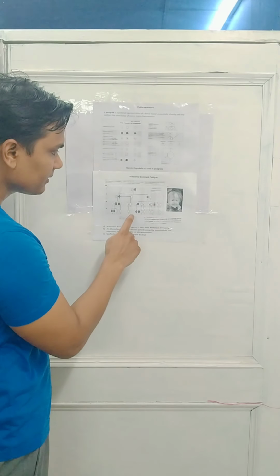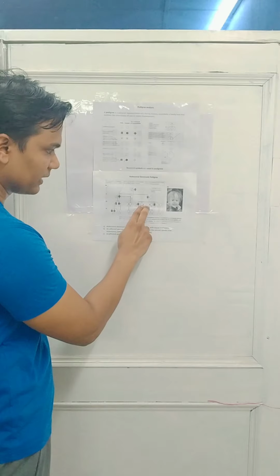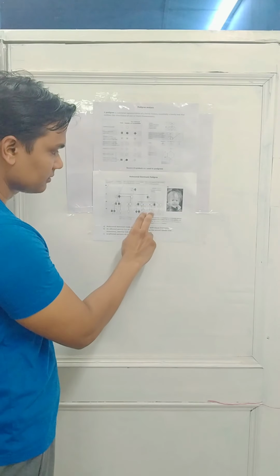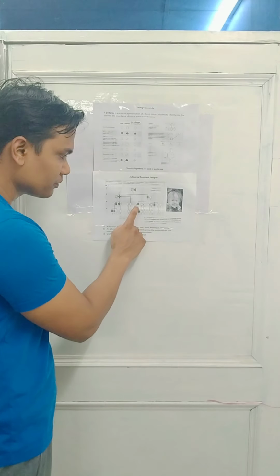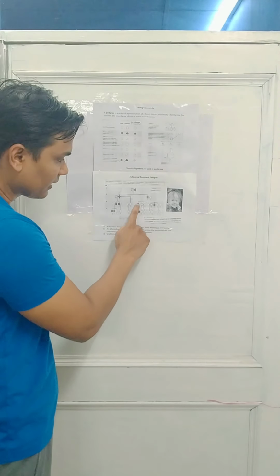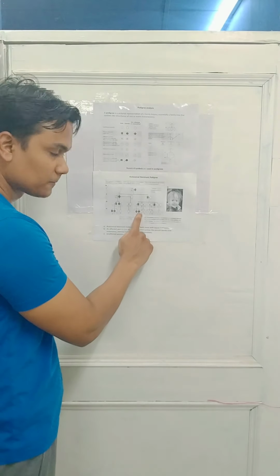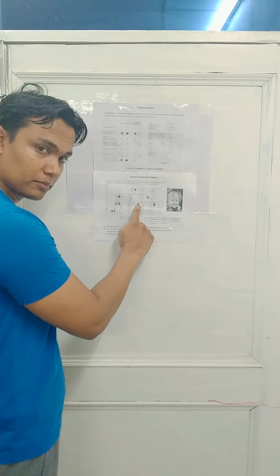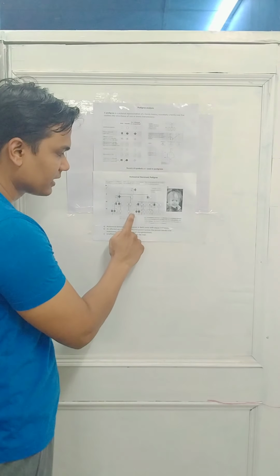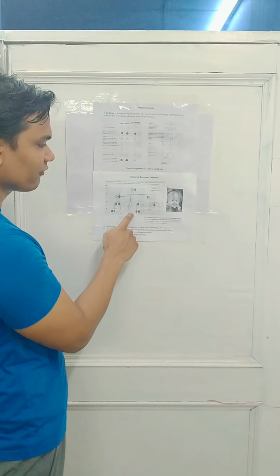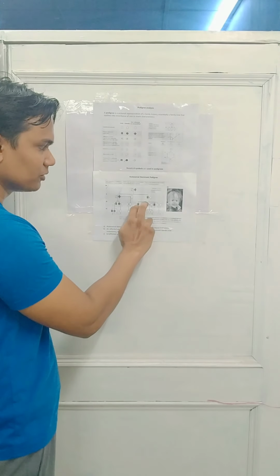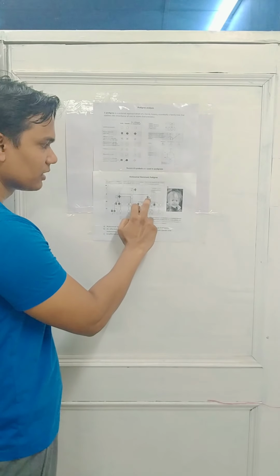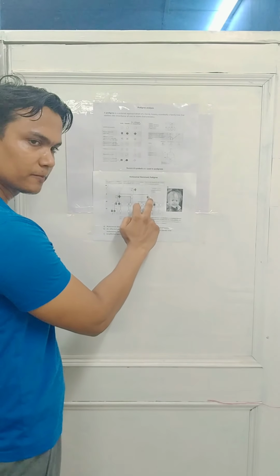This male never married. These two, male and female, they married and have normal children because they don't have the disease. This male married, which has the disease, and two females born from this parent have the disease, and this male is not having the disease. That means this male got one mutated chromosome from the father and one normal chromosome from the mother.